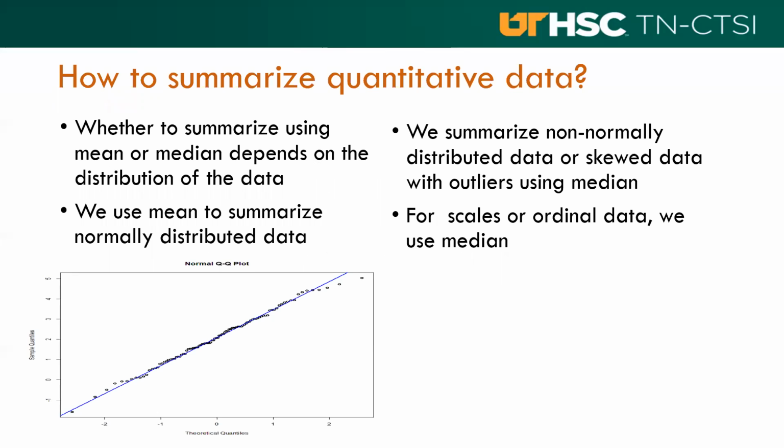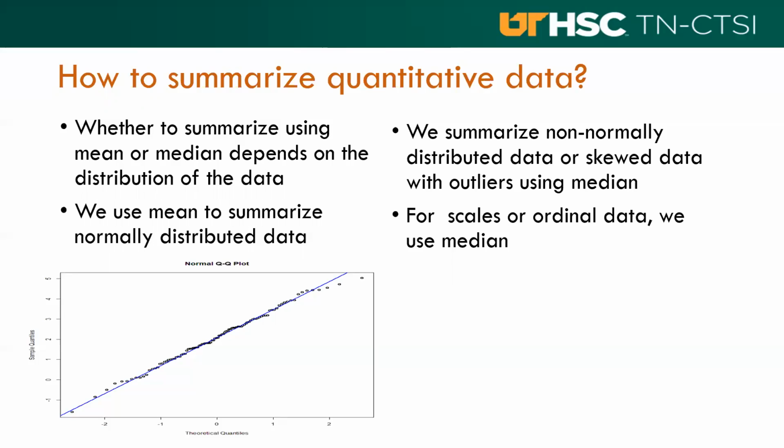So when we look at how to summarize quantitative data, the decision depends on 1, the distribution of the data, 2, the scale of measurement, 3, the message that we want to put out. So for example, if a coach wants to scare the opposing team by the height of his players, the coach might report the median.